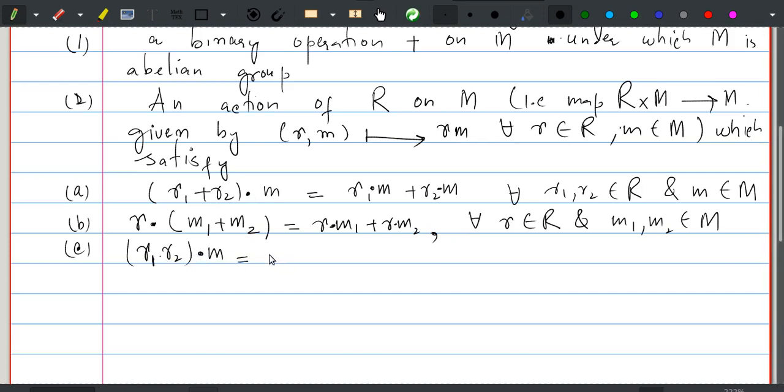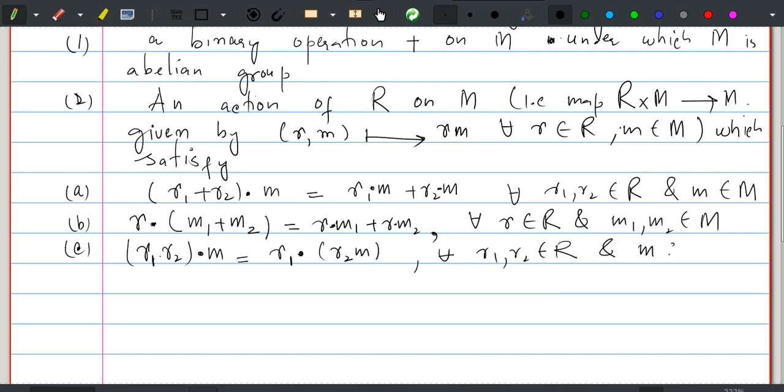That means this should be equal to r1 dot r2 m. Again, this is true for all r1, r2 in R and m in M. Finally, the unit element in the ring R, if we take the action by this element on m, this is m for all m in M.